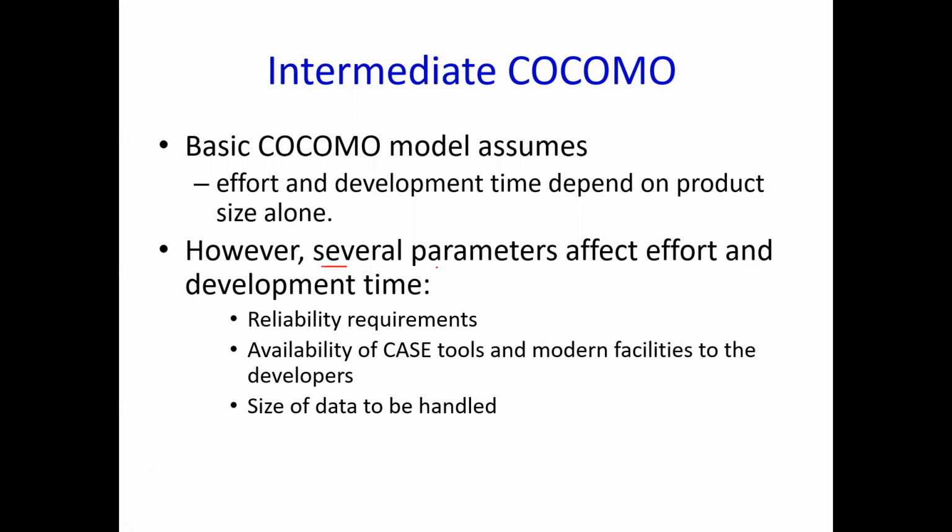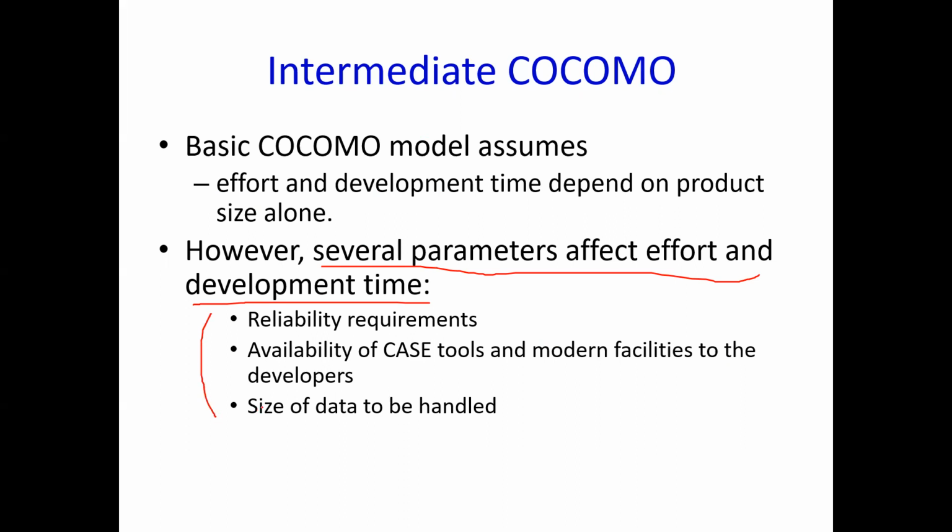See the line: several parameters affect effort and development time, not only size. In basic COCOMO we took only size as the parameter, but here several parameters affect effort and development time. Those parameters also you should take into consideration.